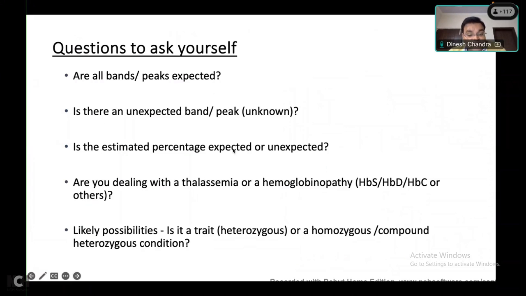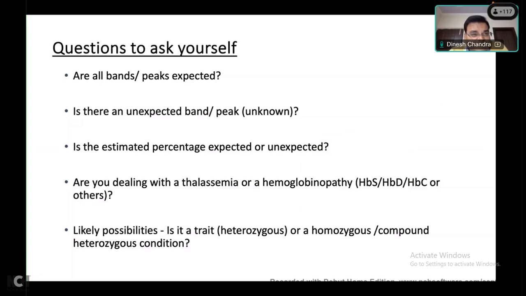It depends on whether we are dealing with thalassemia or hemoglobinopathies, and on the basis of how much of this particular variant hemoglobin, whether we are dealing with heterozygous, homozygous, or compound heterozygous.